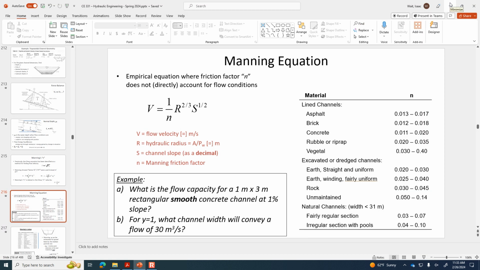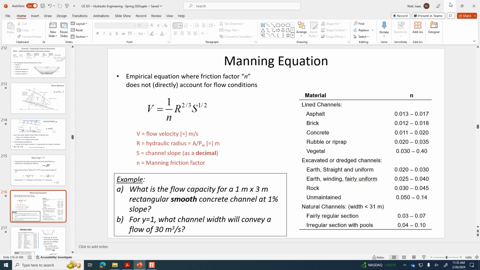So the 1 divided by 0.011, the hydraulic radius is 0.6 to the 2/3, 0.01 to the 1/2 power. So 6.47 meters per second.